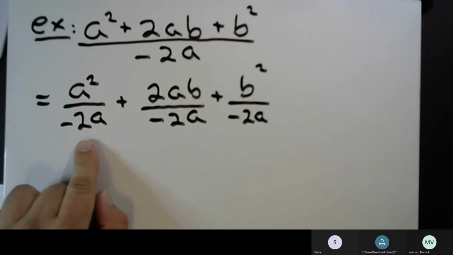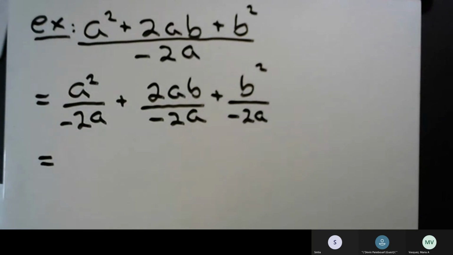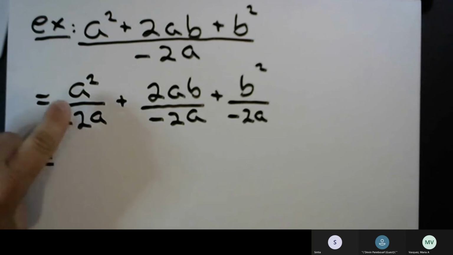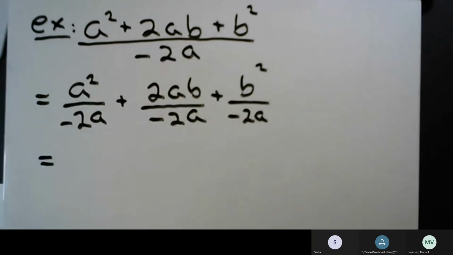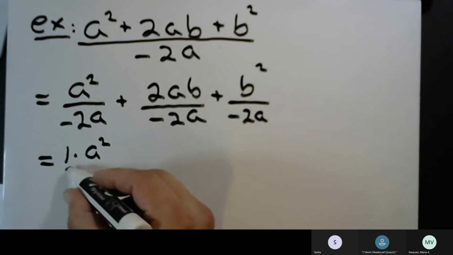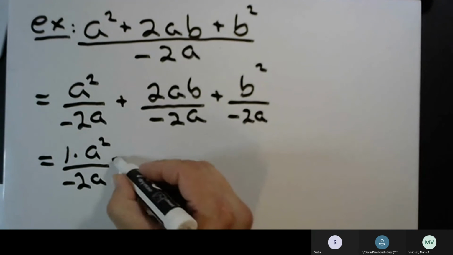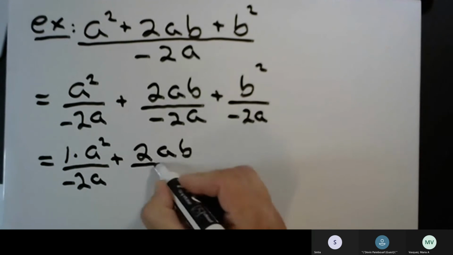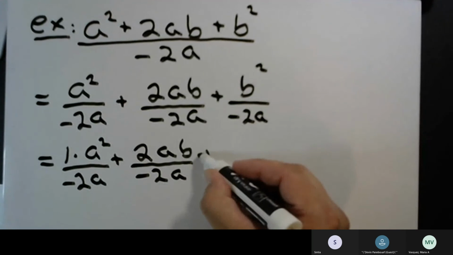Now, for this, when we're dealing with the numbers, there doesn't seem to be any number we can divide negative 2 into. But keep in mind, when you have a variable like this, it always has that invisible 1. So if you need to bring out that invisible one to do a division, you can do that.